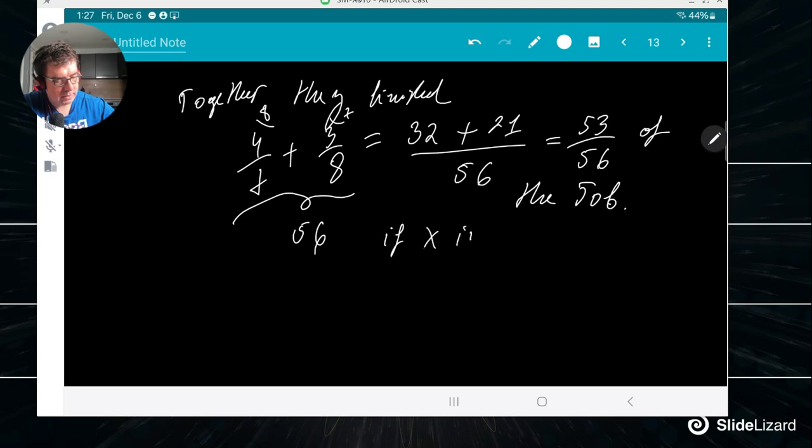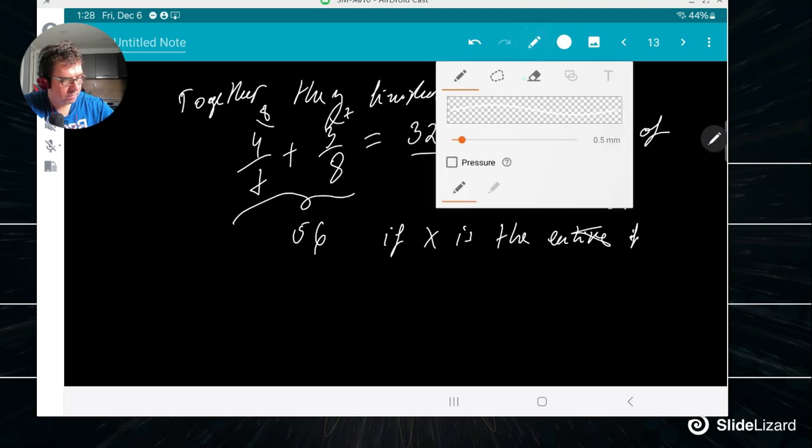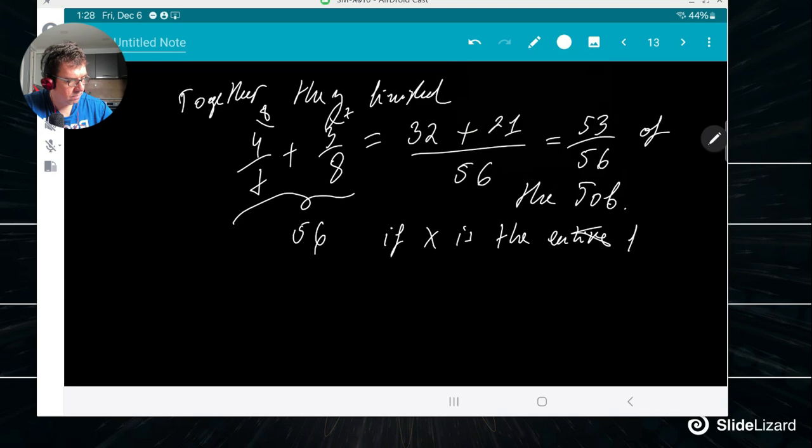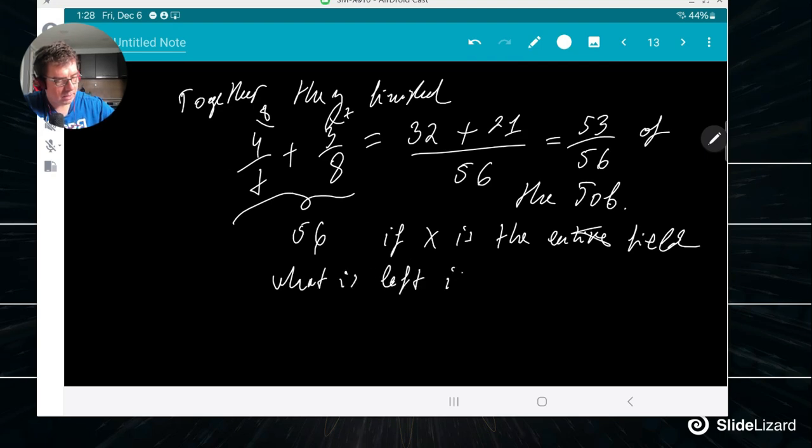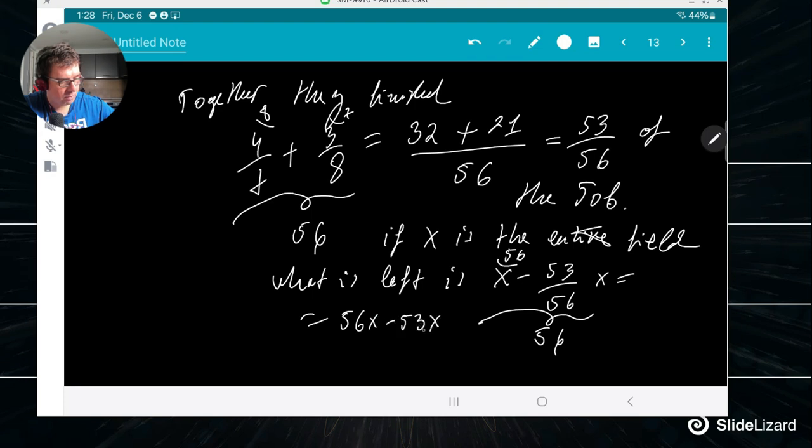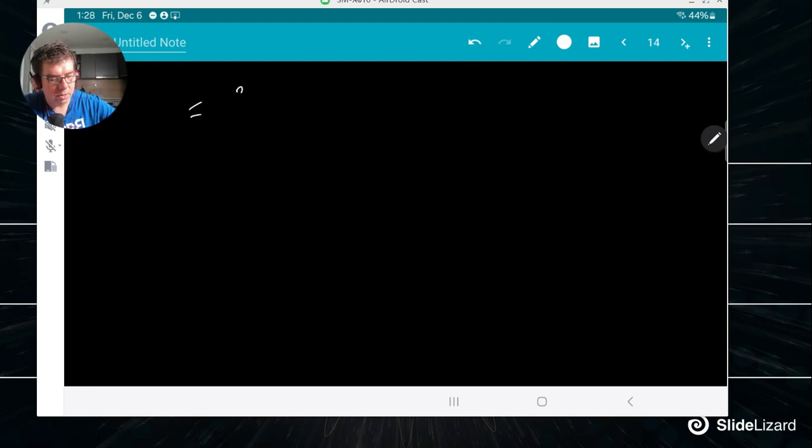Okay, so if X is the entire field, what is left is X minus 53/56 X, which is going to be, we expand by 56 here, common denominator is 56, so 56X minus 53X over 56, which is going to be simply 3X over 56.